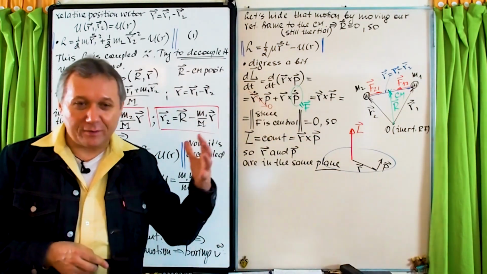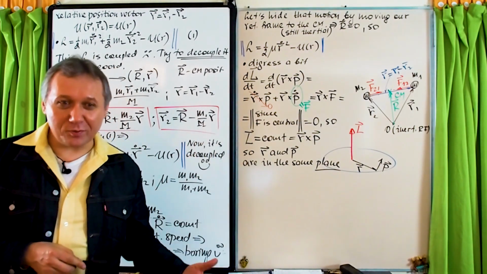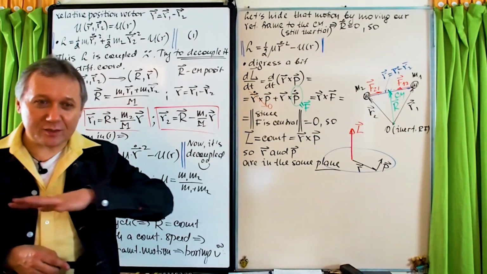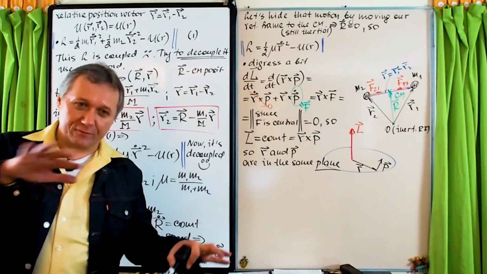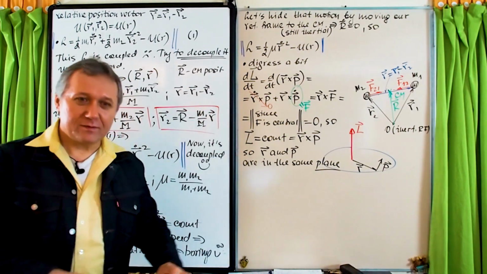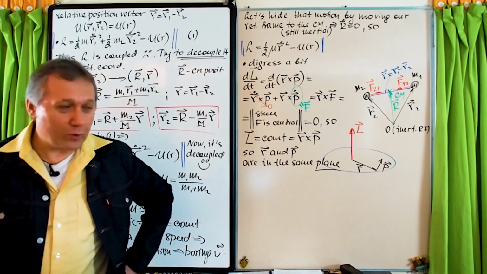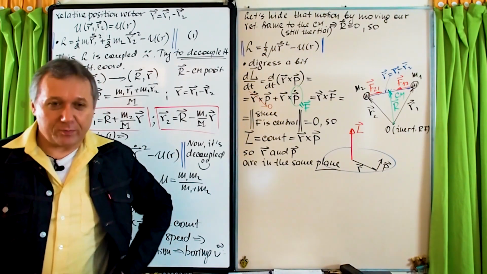Okay, so if R and P are in the same plane, it means what? It means that we have two-dimensional motion. So every time we can find that plane and try to describe the motion of the system in that plane only.